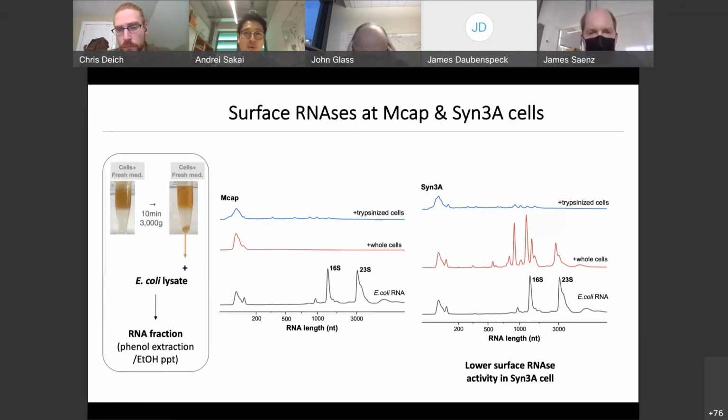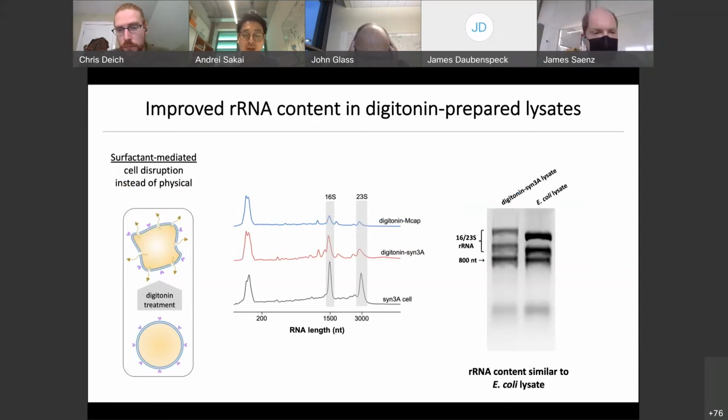And after all these trials and errors, we tried very different methods, because so far we just worked with these physical cell disruption methods, sonication and French press, and we wanted to use another method.